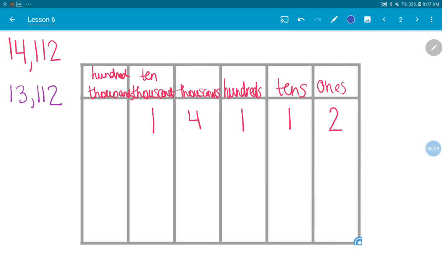This time I'm showing 1,000 more, so that 4 will change to a 5. Now I have 15,112.